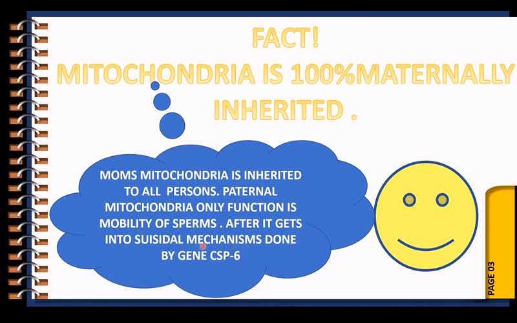When scientists delayed this CPS6 gene, it damaged the cell and the cell entered an apoptotic condition. And in some conditions, it also causes pathological disease. So mitochondria is maternally inherited.